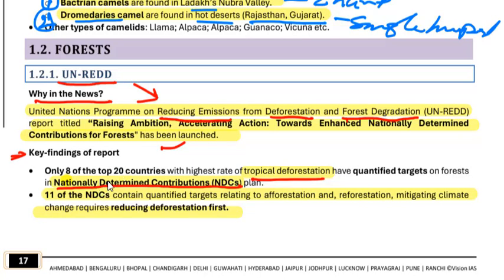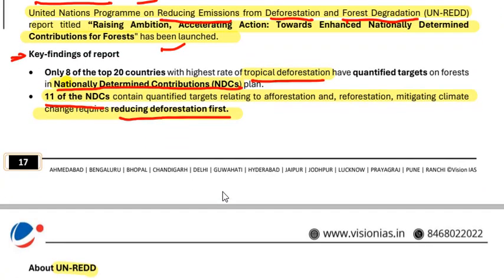It is the contribution by the country itself, the commitment it has already taken to reduce pollution or increase the amount of forest. 11 of the NDCs contain quantified targets relating to afforestation and deforestation. Mitigating climate change requires reducing deforestation first.